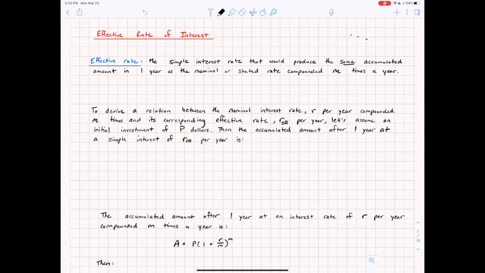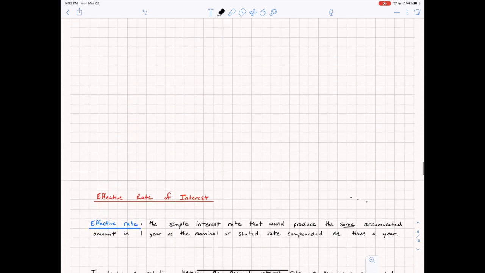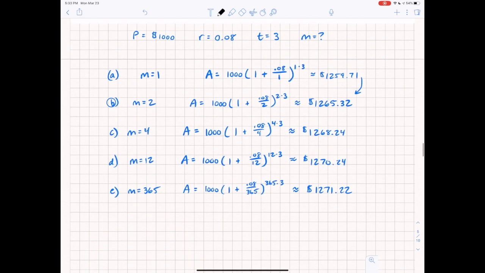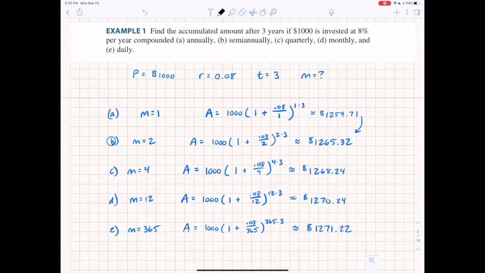Okay, now in this section, what we're going to look at is what's called the effective rate of interest. And what this is talking about is when you look back at our work for compound interest. So for example, let me scroll back up. When we looked at our work here, notice that as my compounding changes from annually to semi-annually to quarterly to monthly and daily, the amount of money that we're actually earning in interest isn't exactly 8%.